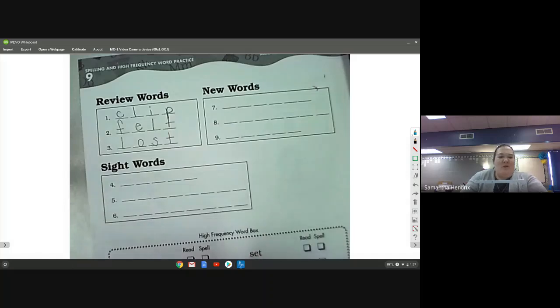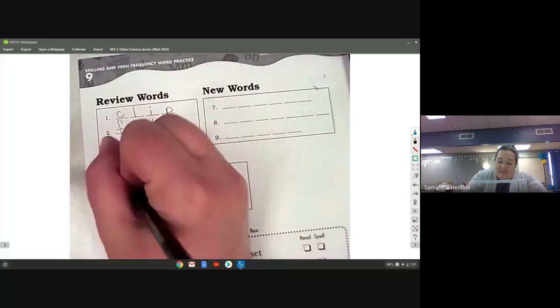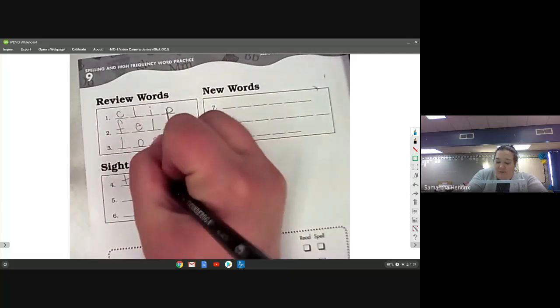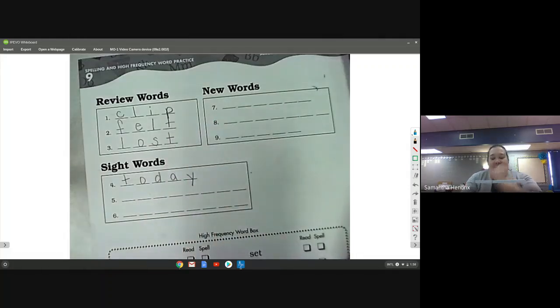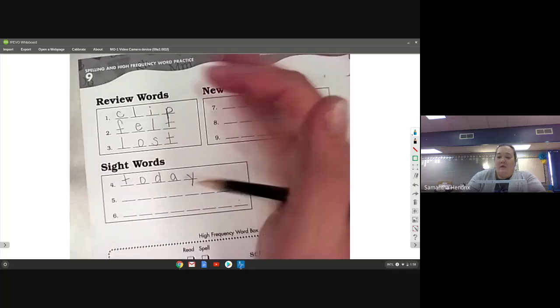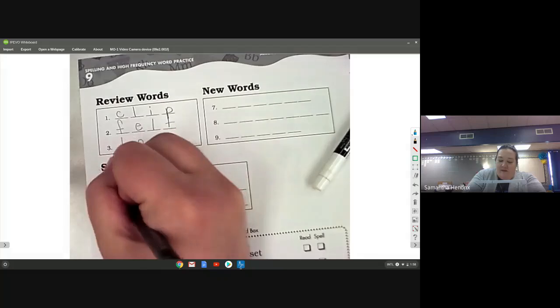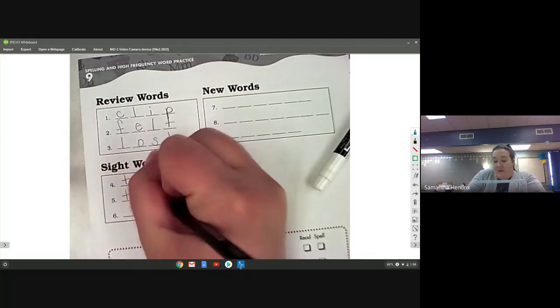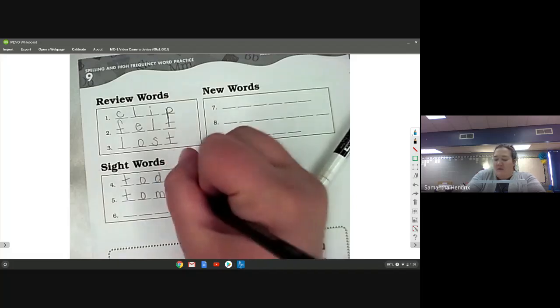Okay, our sight words. Number 4 is today. You remember how to spell it? Today. Make sure that Y comes down below. Number 5 is tomorrow. Oh my goodness, I wish I could sound that out, but I can't. I just have to spell it. Tom-or-row. That's one of those tricky ones.